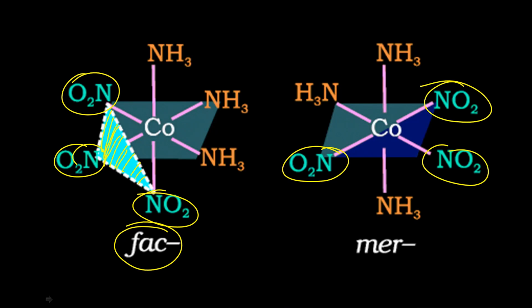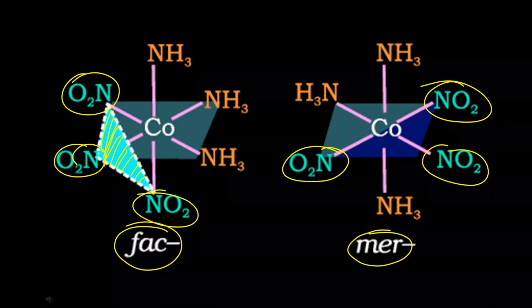In one case, they will be forming the face, and in another case, they will be part of the horizontal plane. You will be able to identify everyone. Clear? The one which is in the meridian will be called MER. So that's why it is known as FAC-MER isomerism. It is still geometrical isomerism because the geometry is different.